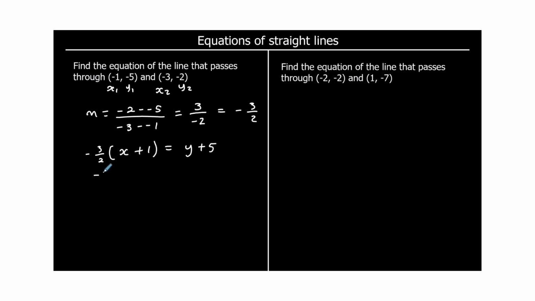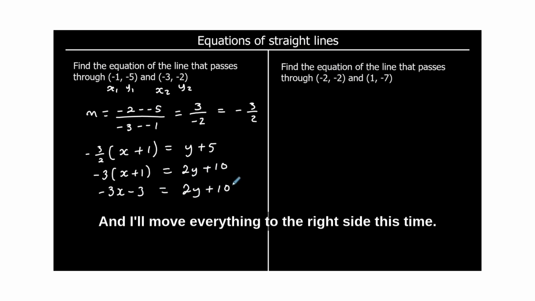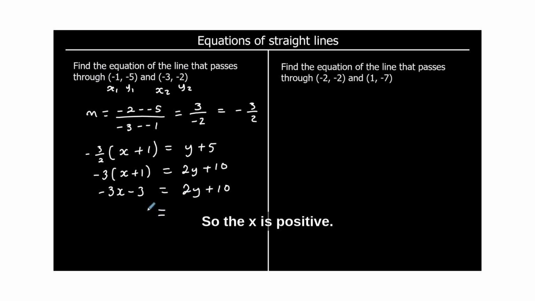So times by 2. Expand the bracket. And I'll move everything to the right side this time, so the x is positive. So I've got 3x plus 2y plus 13 equals 0.